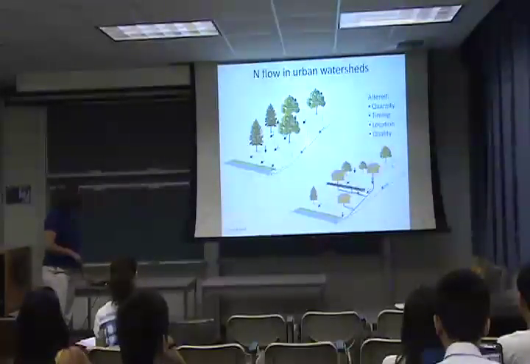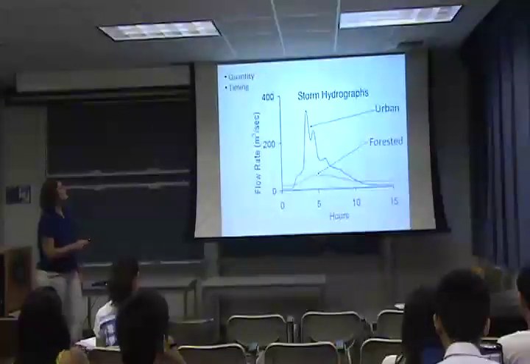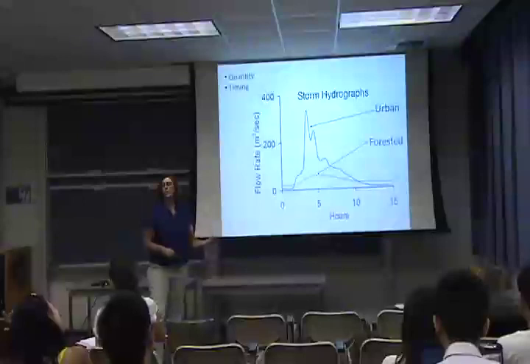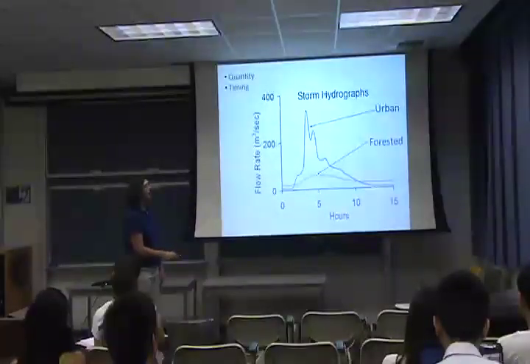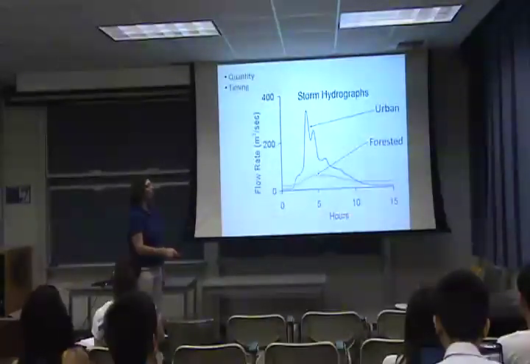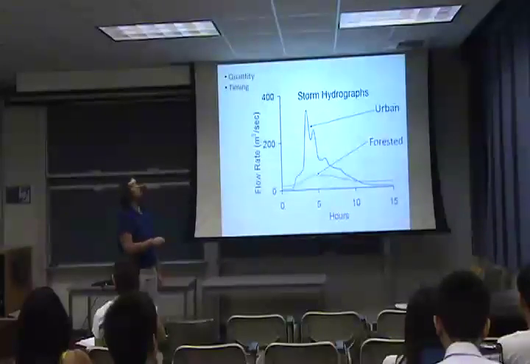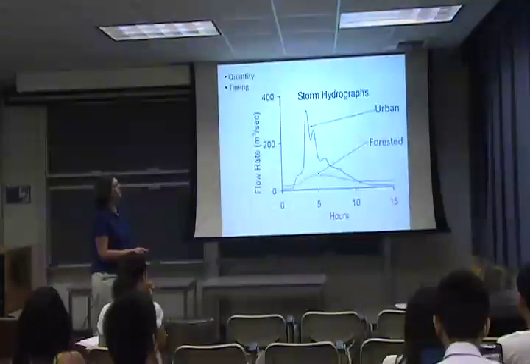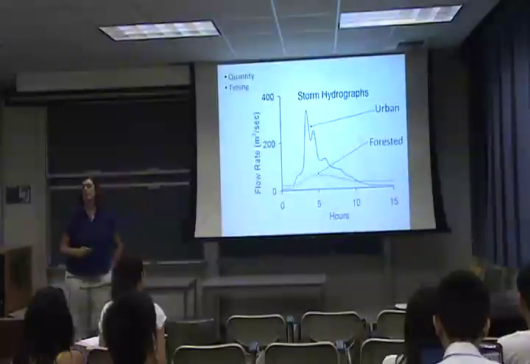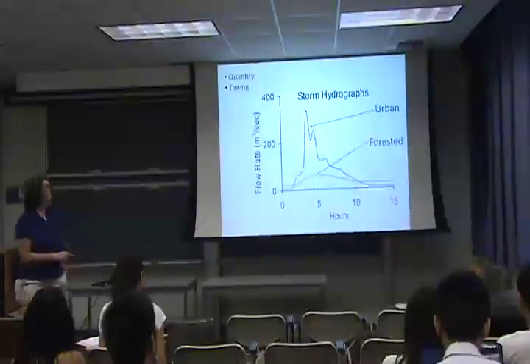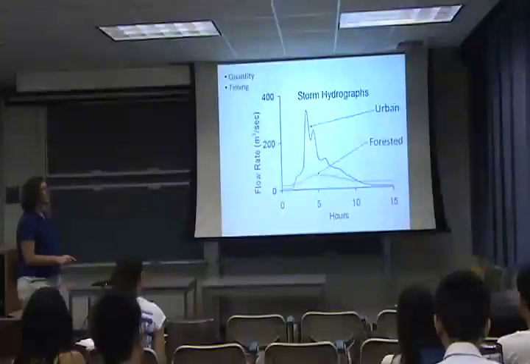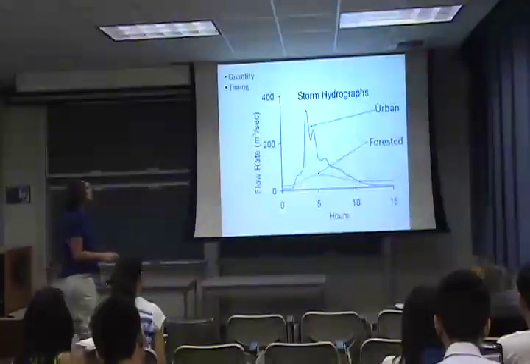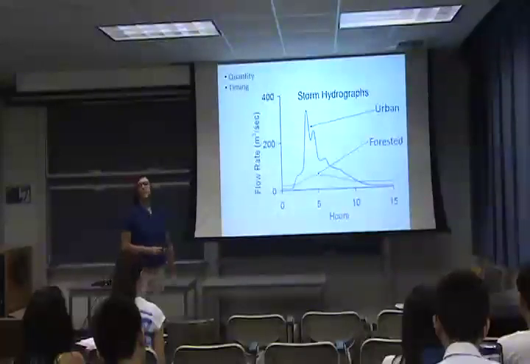Okay, so what do I mean by quantity and timing? Well, here's a diagram showing you water runoff after a storm, okay? So here's the hours since the storm occurred on the bottom, and this is just how much water is coming off in cubic meters per second. And this is comparing two different systems, an urban system and a system that's been left alone and still in forest. So what happens after a storm and the rain falls is that in an urban system, because it's been designed by great engineers, that water comes off extremely quickly, okay?